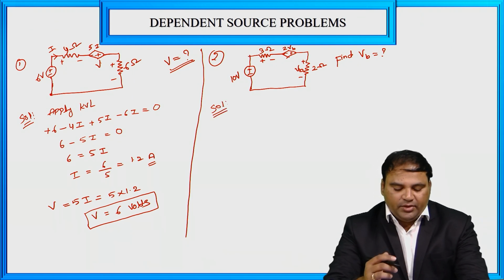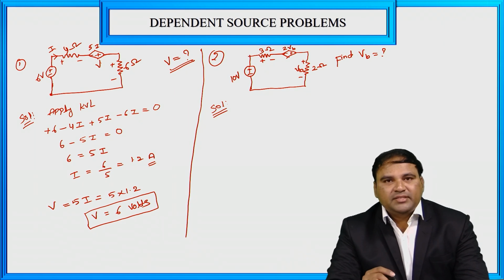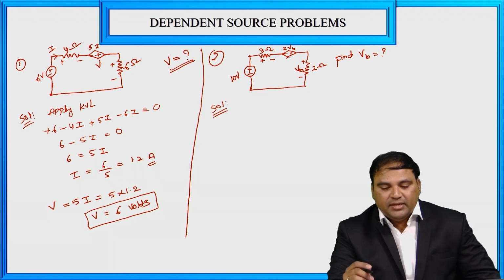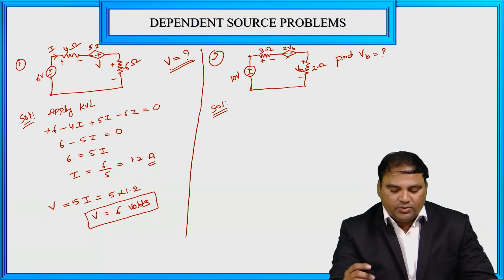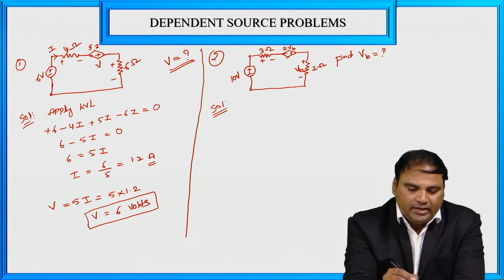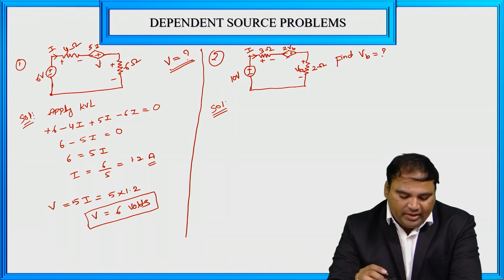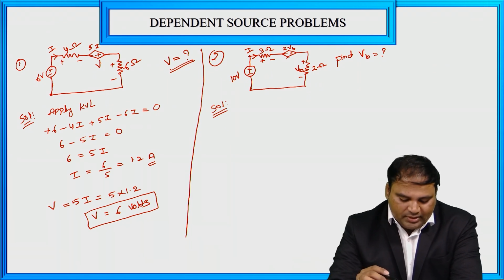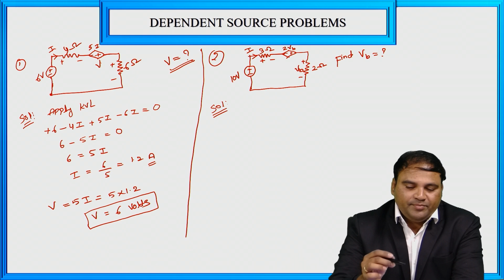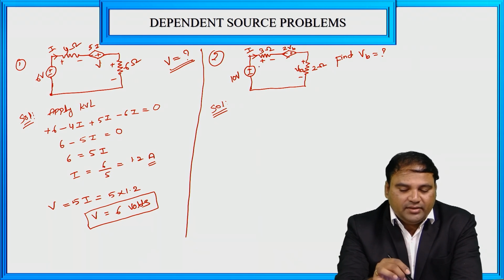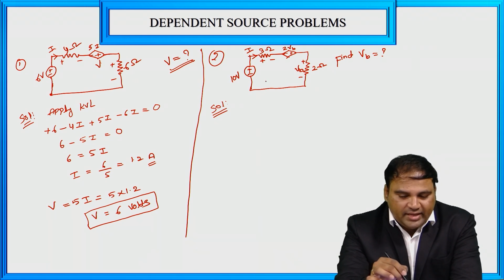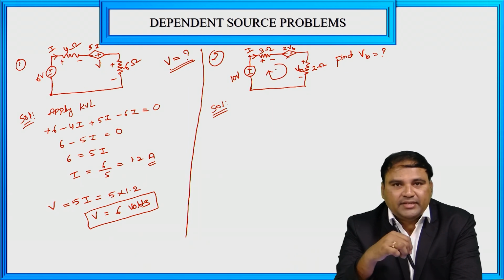In a series circuit, the constant term is current, right? So here I am taking current as I. Here we have a single loop, and in this single loop the current is I. Now see the direction, it is a clockwise direction.